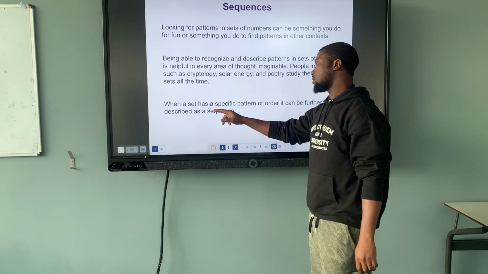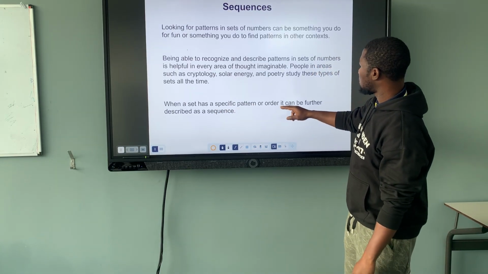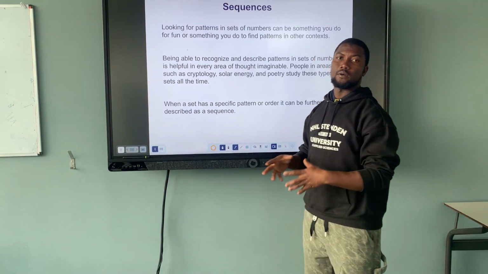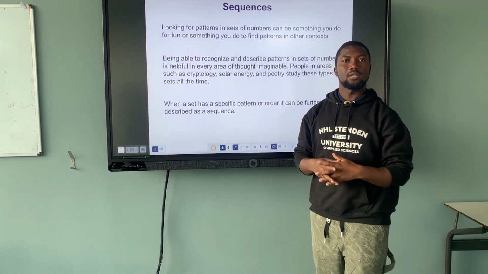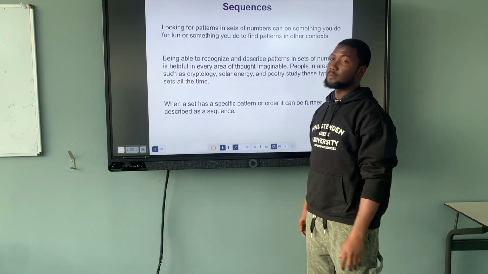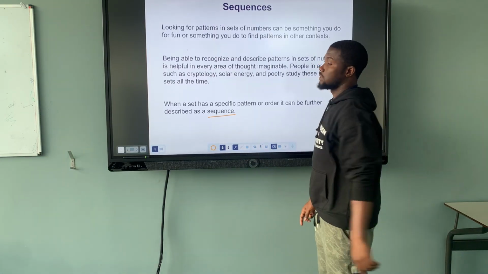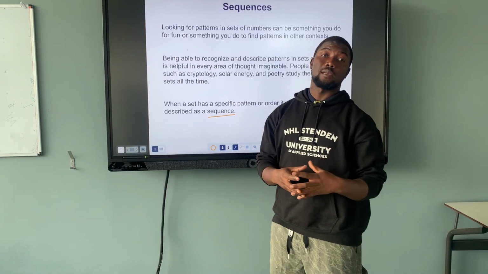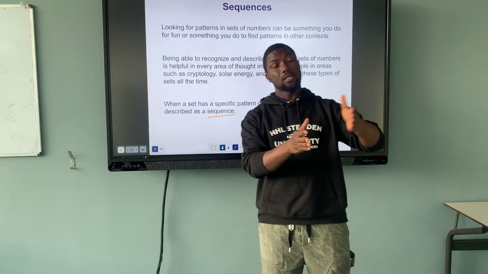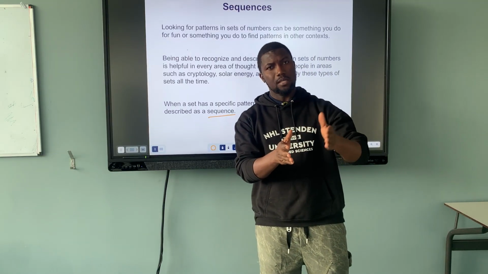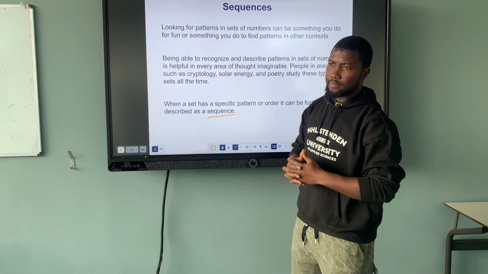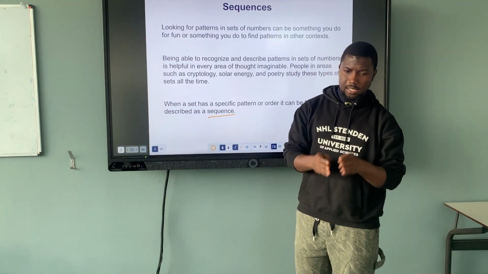So when a set has a specific pattern, or can be further described, then that particular object or those numbers are referred to as a sequence. There must be something that is connecting the things, whichever things, numbers or objects we are talking about.